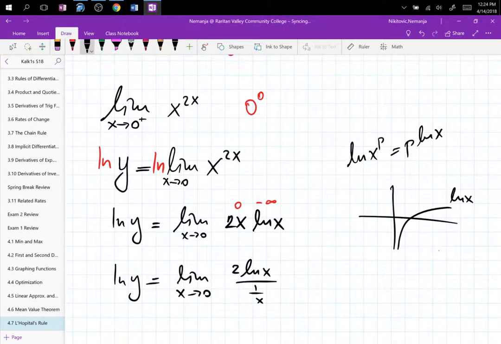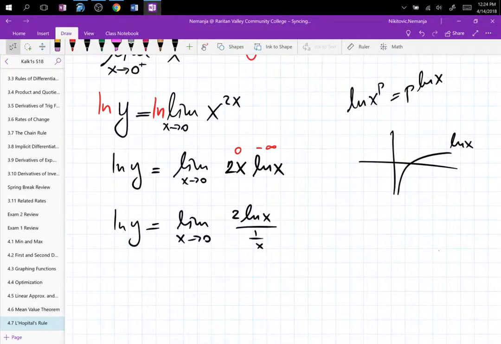I was about to kick it in front of the limit, but then you might not find it, so let's keep it there. What do I have? I have infinity over infinity now. ln of x, as x goes to 0, is negative infinity, and 1 over 0 is infinity. So we have infinity over infinity. Nice.